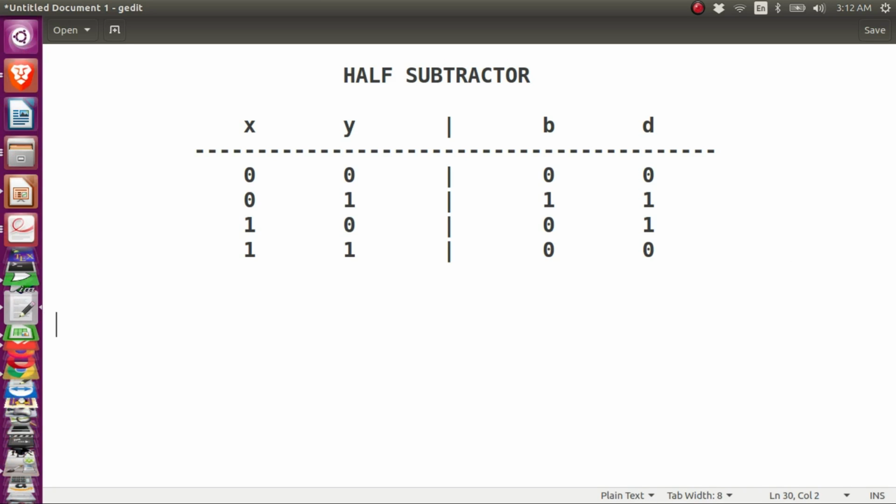For that, let me write down the input names x, y, and b and d, and let me try out the different values.